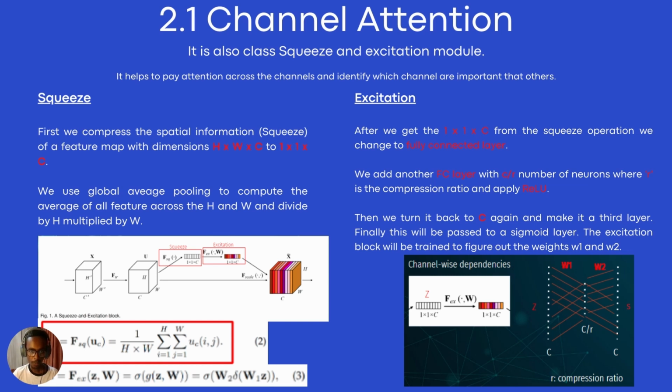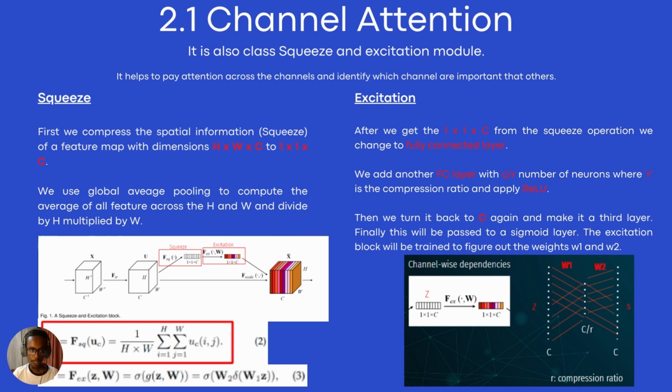So we reduce the number of channels by a constant ratio, which is represented by R, the compression ratio, and apply a ReLU activation function. Then we turn it back into a C representation and make it a third layer. Finally, this will be passed to a sigmoid layer, and the excitation block will be trained to figure out the weights W1 and W2.